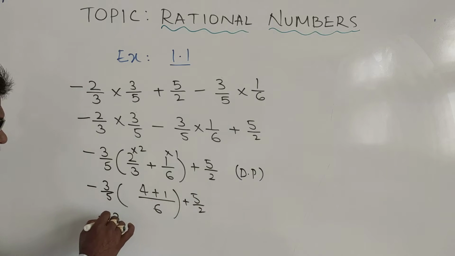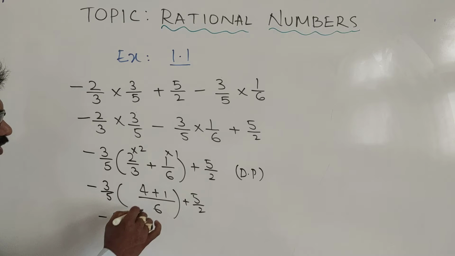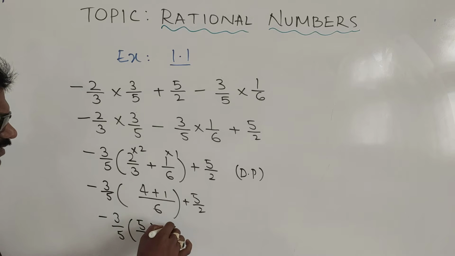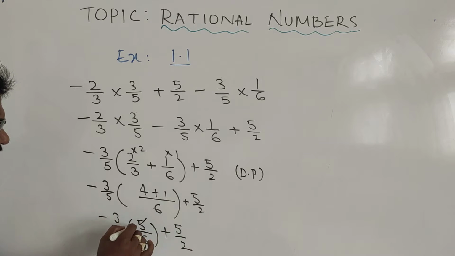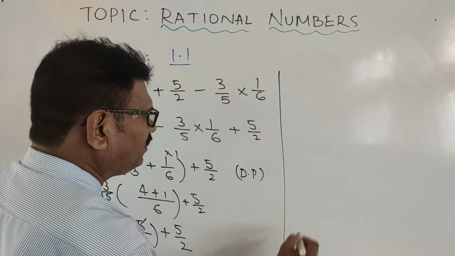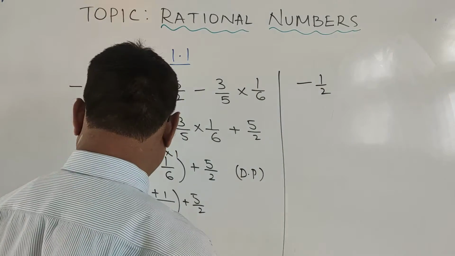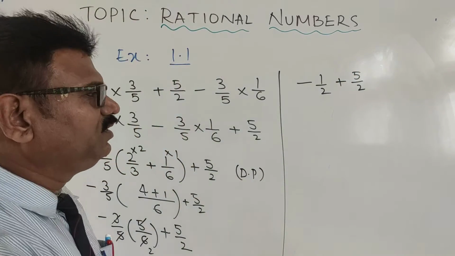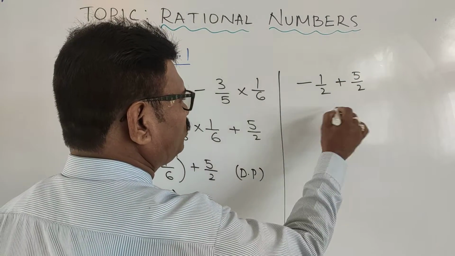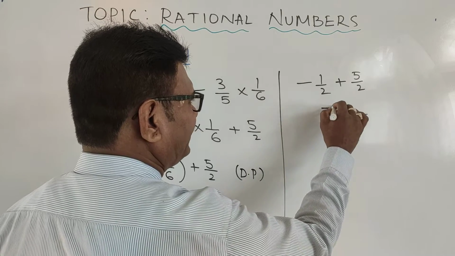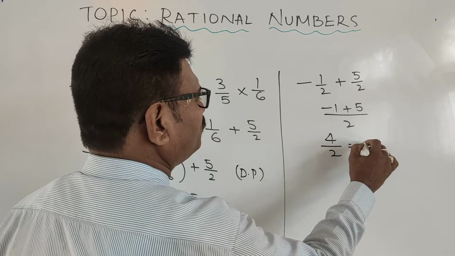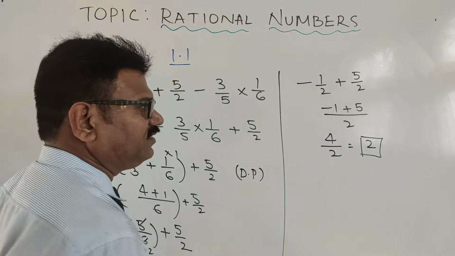Again you take minus 3 by 5 into 4 plus 1 is 5 by 6, plus 5 by 2. 5 cancels, 3 ones are 3, 3 twos are 6. Therefore how much is remaining with us? Yes, minus half plus 5 by 2. Now again 2 is the LCM: minus 1 plus 5, that is 4 by 2. So what is the answer? 2 is the answer.